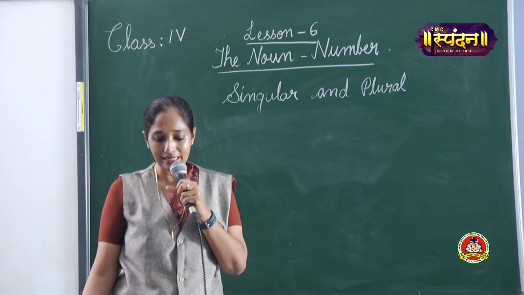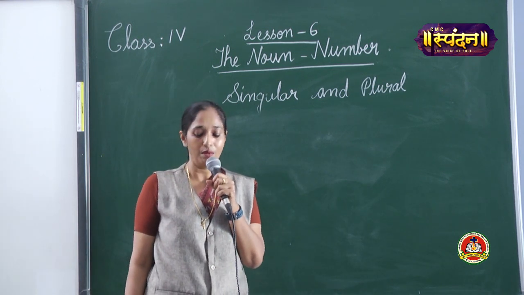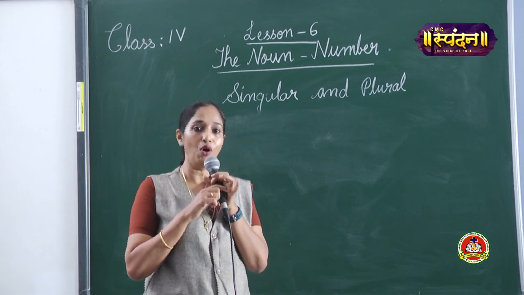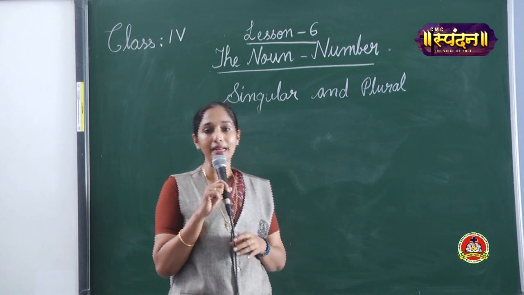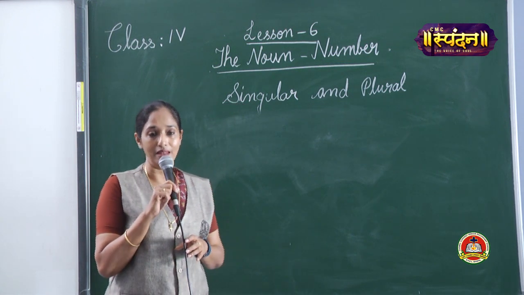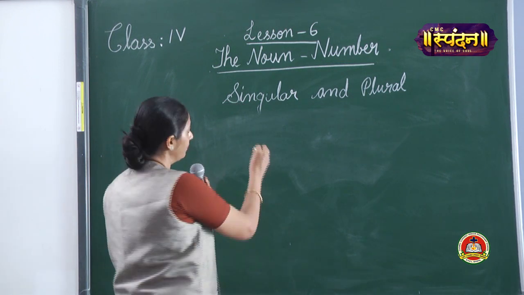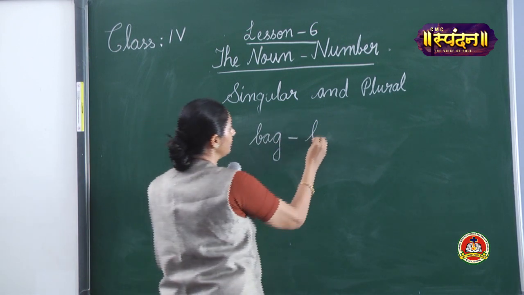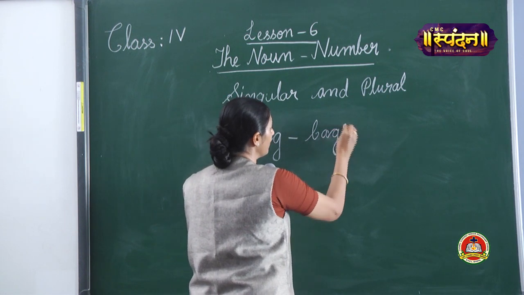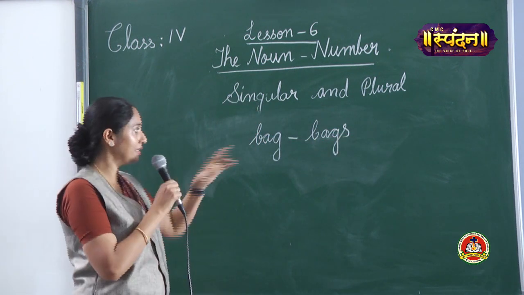Now, let's learn how to form plurals. So as you all know, most nouns form their plurals by adding s in the end. For example, look at the example, bag, bags. This is what I said.